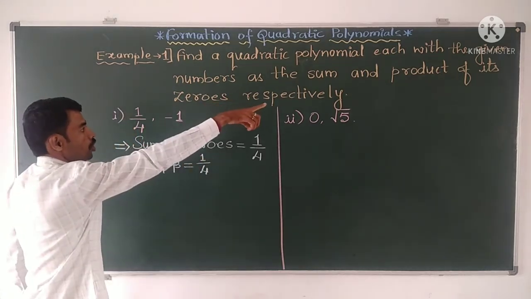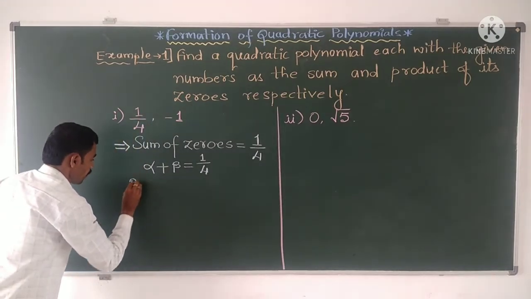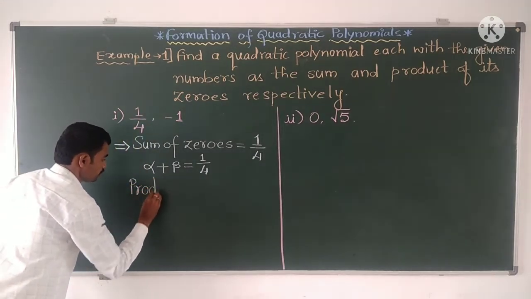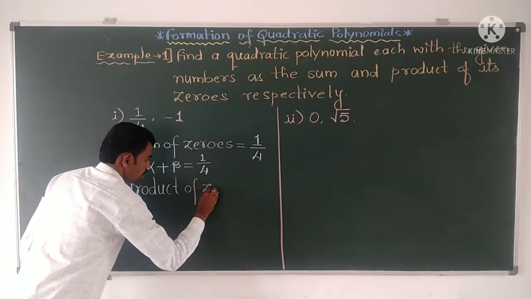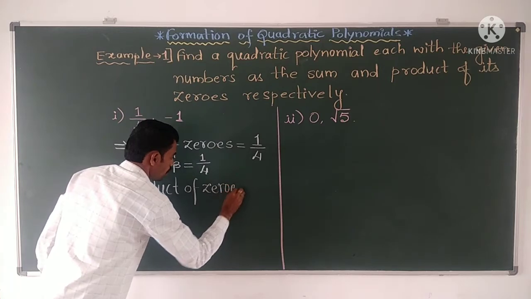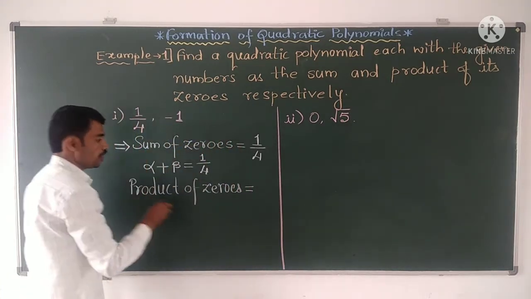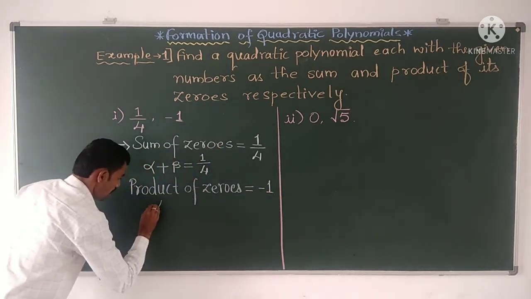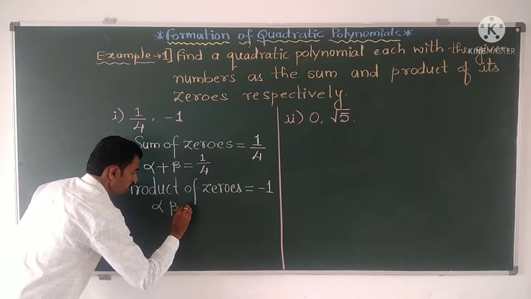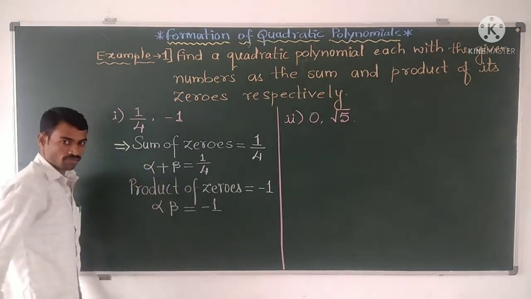Second, they have given the product of zeros. What is the product? That is alpha into beta, and that value is minus 1. That is, alpha into beta is equal to minus 1.